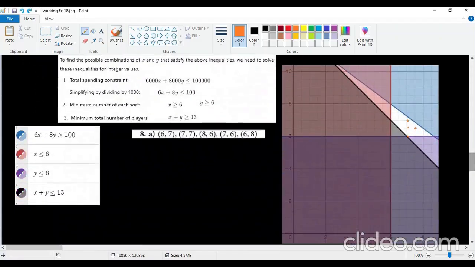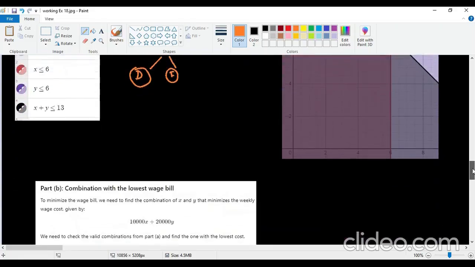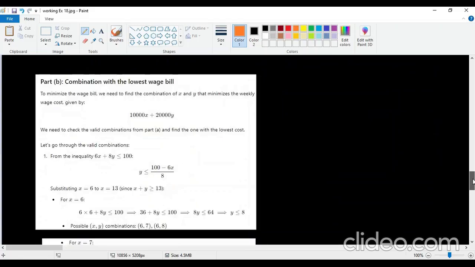All x's are defenders, and these are all forwards. So these are all the possible combinations of players he can have.